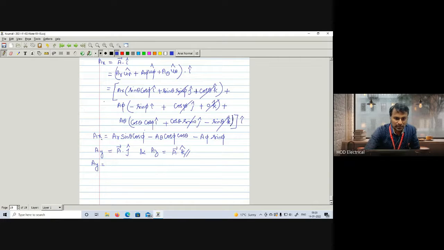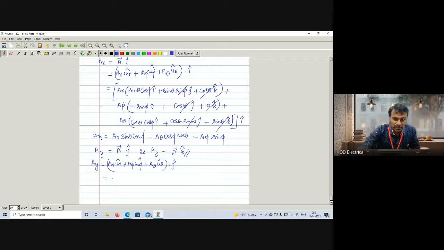Now if you see this A dot J, A is nothing but, we know, AR into UR cap plus A phi into U phi cap plus A theta into U theta cap. So then dot J. If you substitute this AR and all those things here, we can have only the J component.